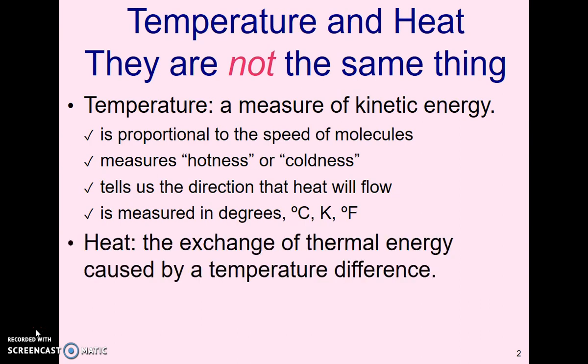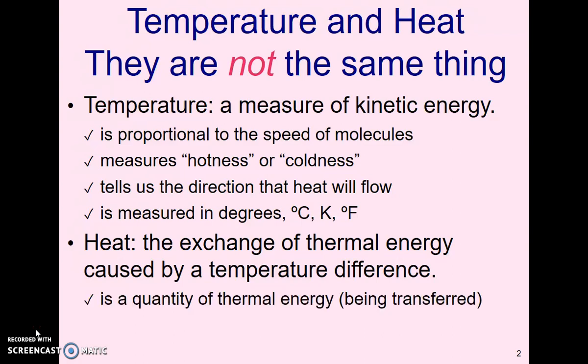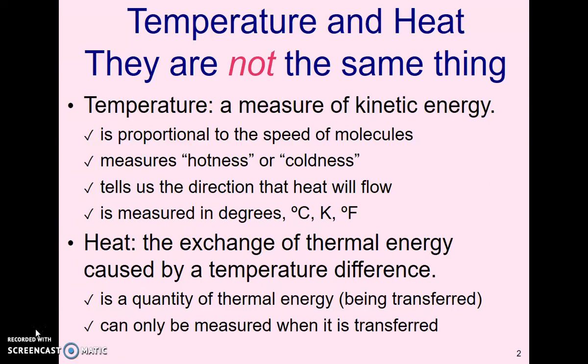Now, heat is the exchange of thermal energy, which is caused by a temperature difference. And like I said, heat always moves from areas of high temperature to areas of low temperature. So it's the amount of thermal energy being transferred, and it can only be measured when heat is being transferred from a hot object to a cold object.